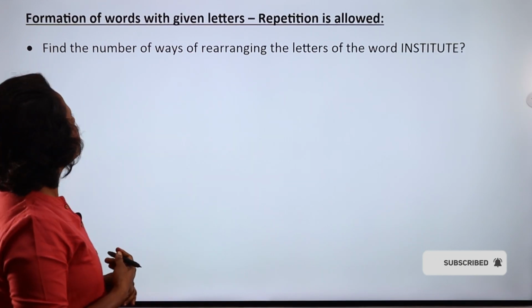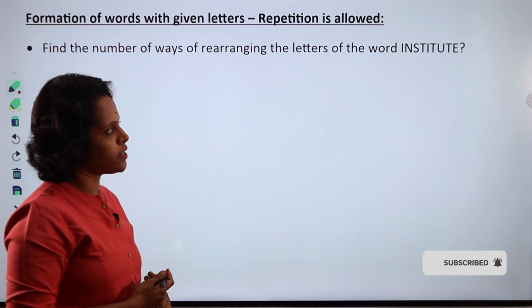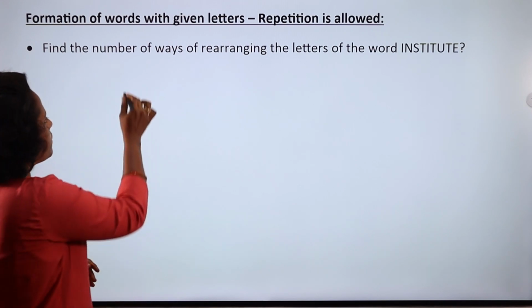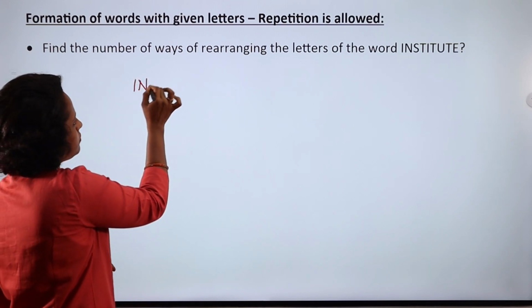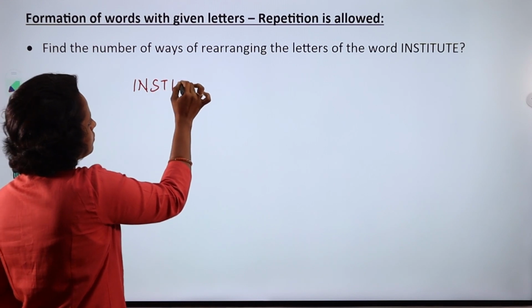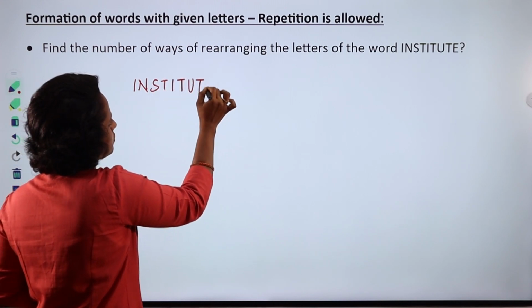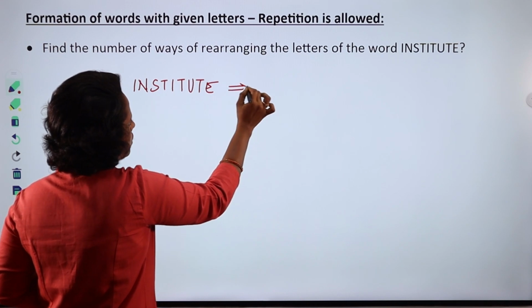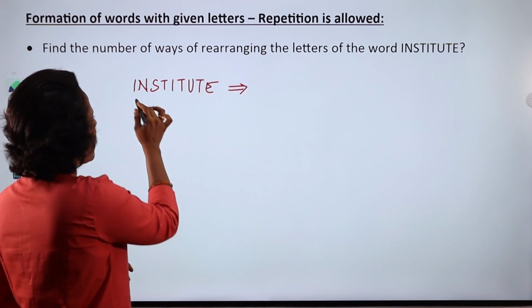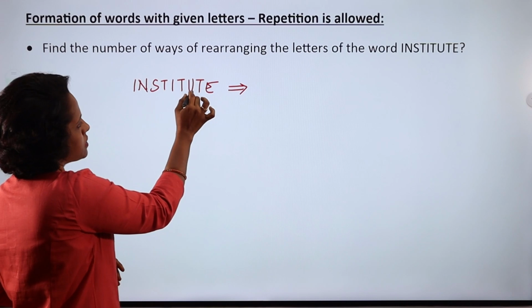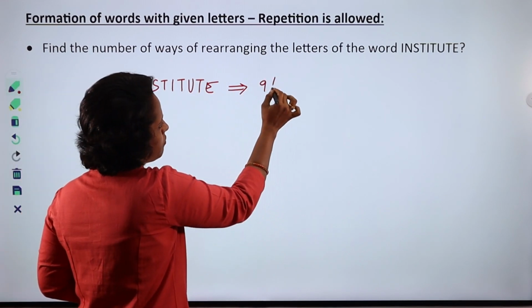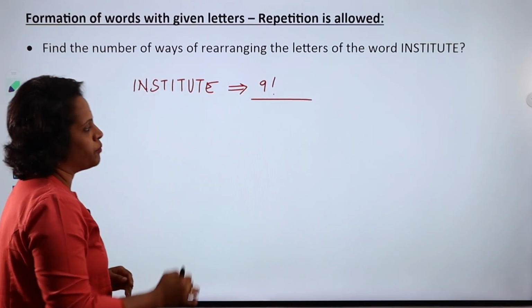The next question: find the number of ways of rearranging the letters of the word INSTITUTE. How many letters do we have? 1, 2, 3, 4, 5, 6, 7, 8, 9. So 9 factorial goes in the numerator.